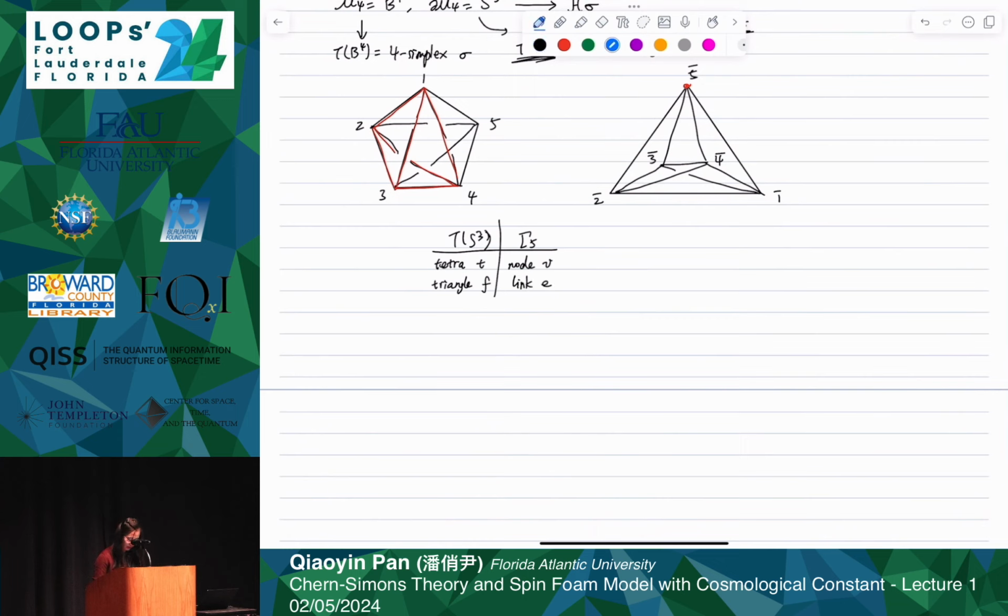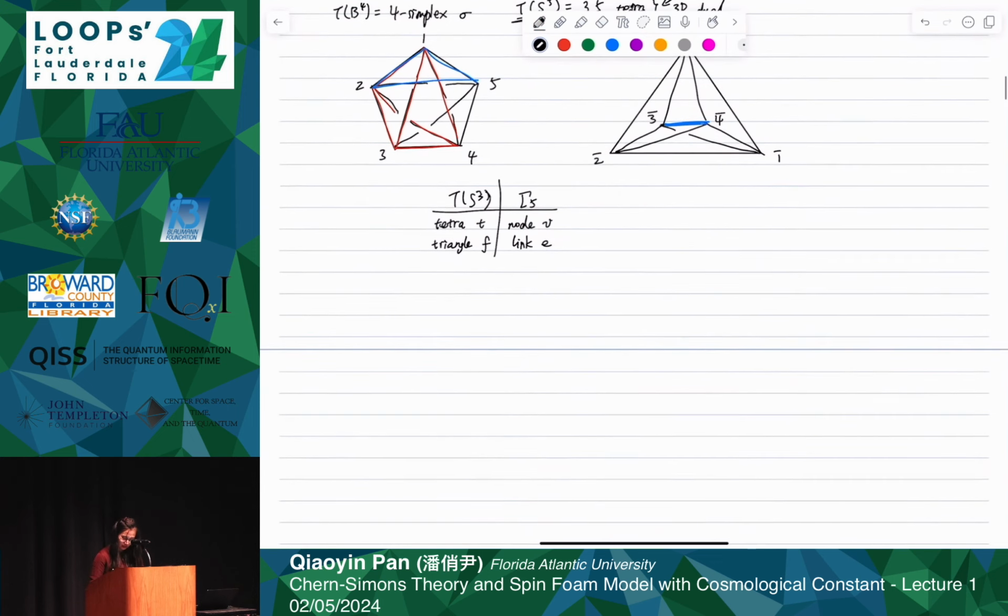For example, I have the triangle bounded by vertices 1, 2, 5, and it's dual to the link bounded by 3 bar, 4 bar. And going on, each edge in the triangulation is dual to a face. For example, the edge connecting 4, 5 is dual to the face bounded by 1 bar, 2 bar, 3 bar. And we don't go on because the graph is too complex.